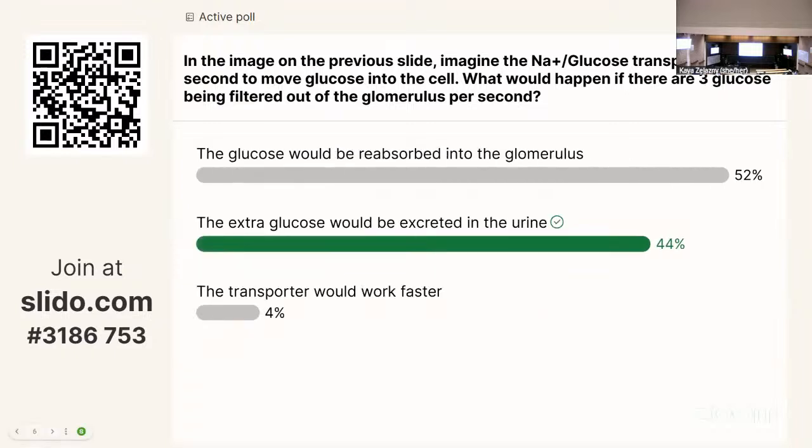Okay, so this is setting us up for our next idea, this idea of a transport maximum. So what we're going to encounter as we're thinking about reabsorption in the proximal tubule, we can't go backwards from here. Once we have moved from the glomerular capillaries, gotten filtered into Bowman's capsule, we're just kind of there. We have to keep moving down the nephron.